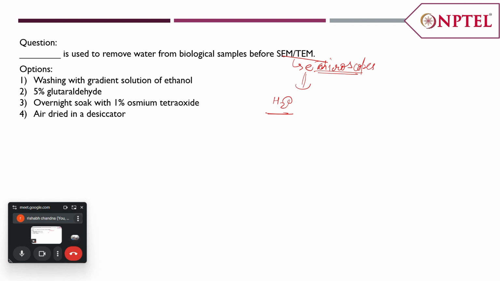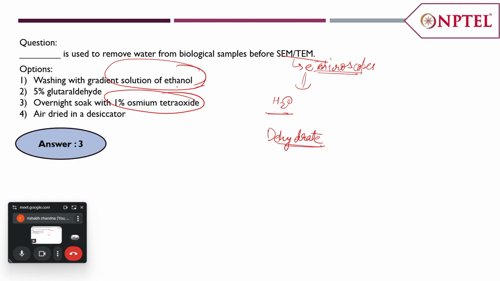So we need to dehydrate the samples first, and dehydration is done either by washing with the gradient solution of ethanol or by overnight soaking with 1% osmium tetroxide. So both of these options are correct. So 1 and 3 are correct in this case.